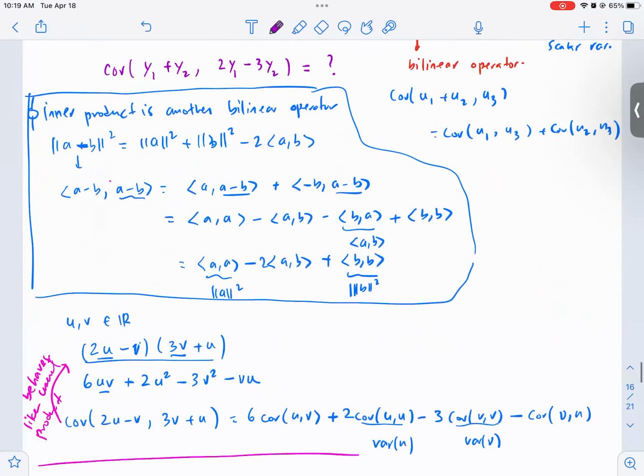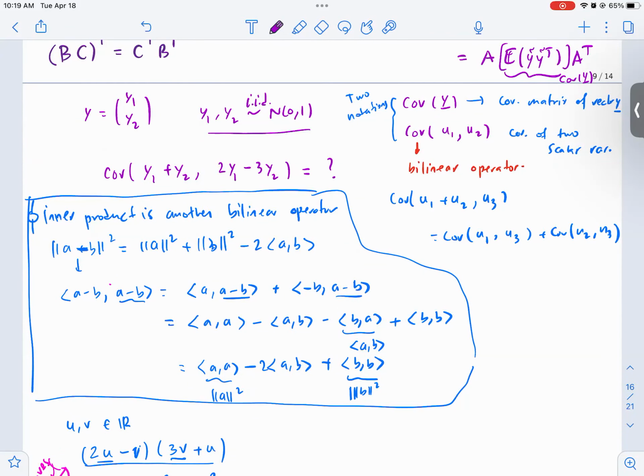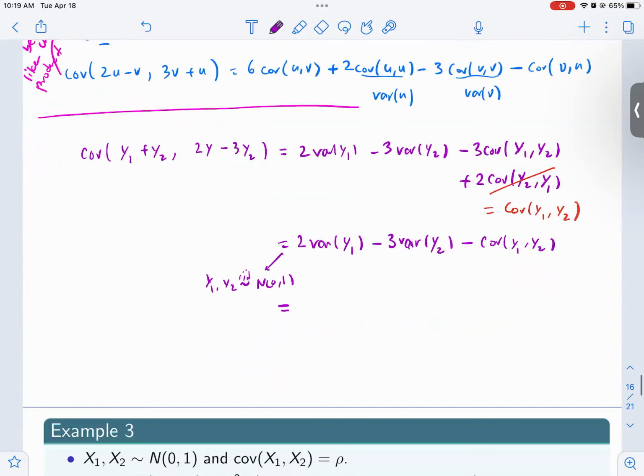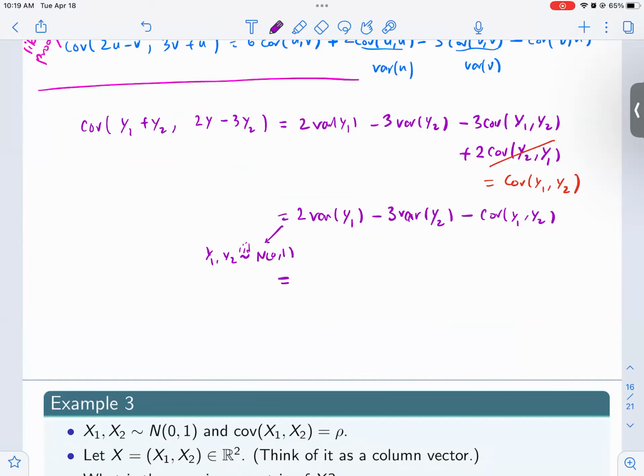And if y1 and y2 are IID normal 0, 1, what would I get? What is the variance of y1? 2 times 1 minus 3 times 1 minus 0, because they're independent.